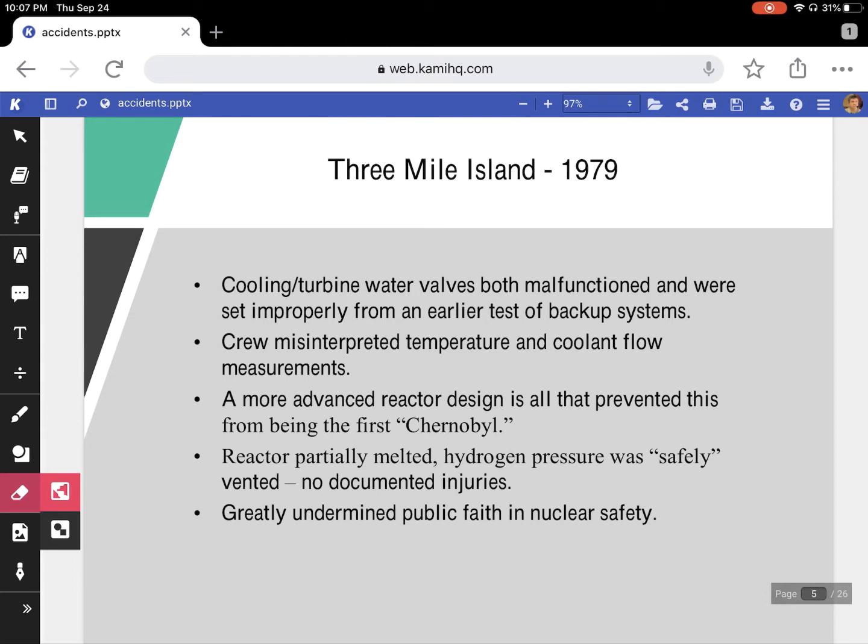They misinterpreted some readings on coolant flow measurements, and the reactor overheated. As the radiation interacted with the water, it produced hydrogen gas. That hydrogen gas was safely vented. There's no documented injuries, so there was a little bit of a radiation release, but the studies have shown it to have been so small that it didn't cause any effects.